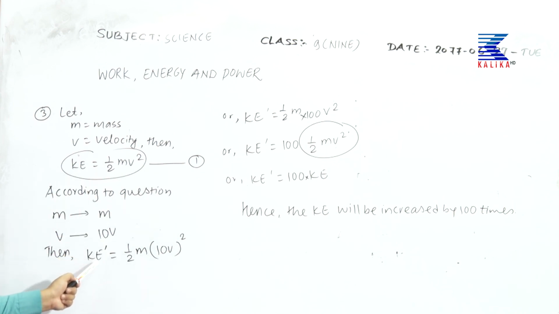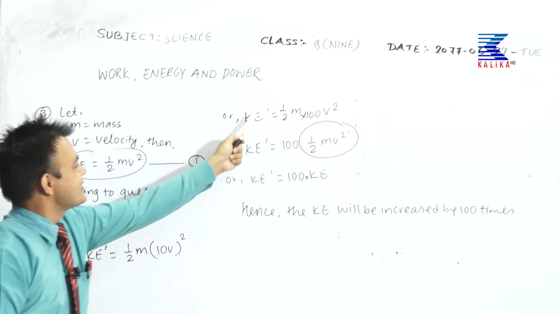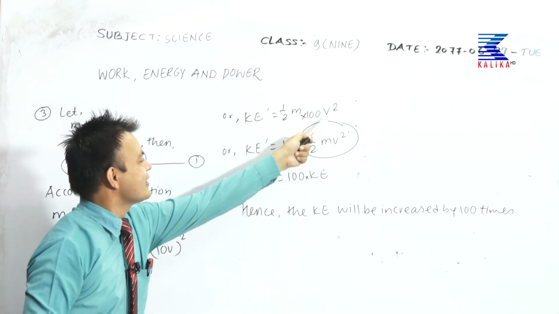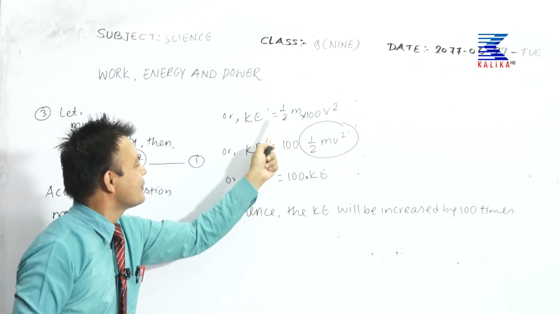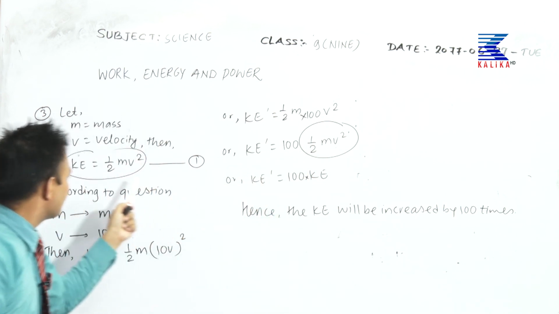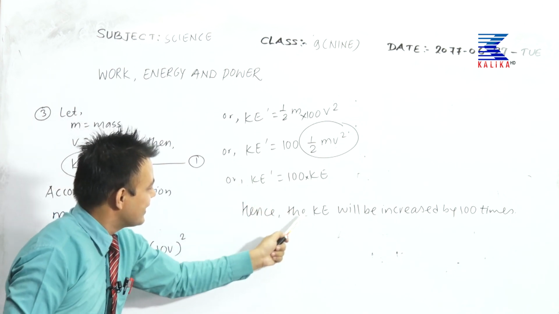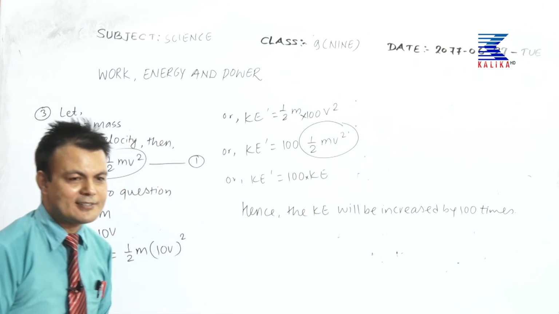KE dash, the new KE, is 1 by 2 m, but v is made 10v, that's why whole square. KE dash equals 1 by 2 m, 100 v square. KE dash equals 100, 1 by 2 mv square. 1 by 2 mv square is equal to KE, so 100 KE. Hence, the KE will be increased by 100 times.